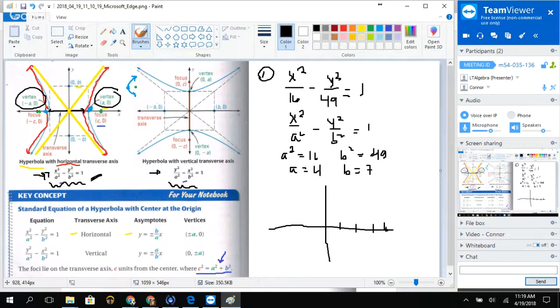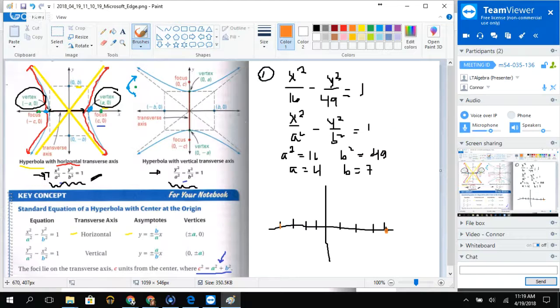The vertex of my hyperbola is here at 4, right? This is very crude, trying to do it fast here. And at negative 4. Okay, so I know that that's where my vertices are. I don't know where my foci are, but I can find those.